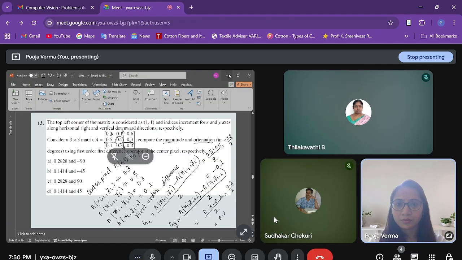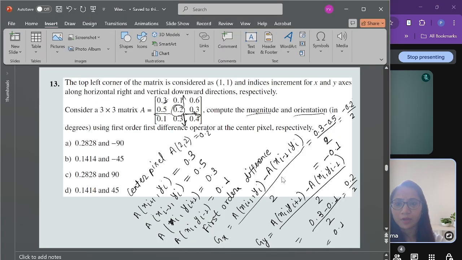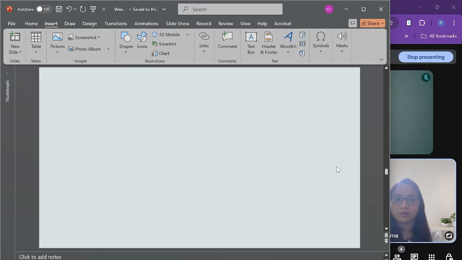Okay, so till now we have calculated gx and gy. Now we have to calculate the magnitude. So already we know that to calculate the magnitude, that is m, it is root of gx square plus gy square.